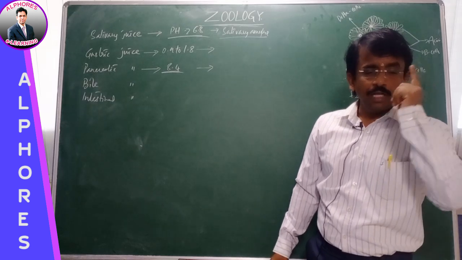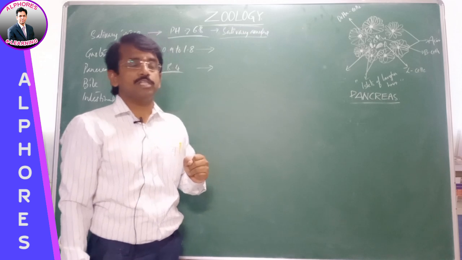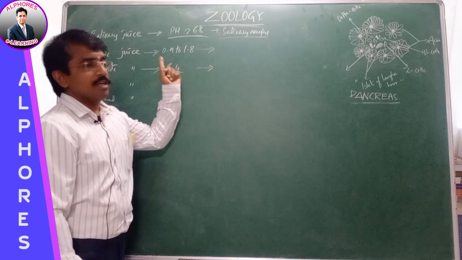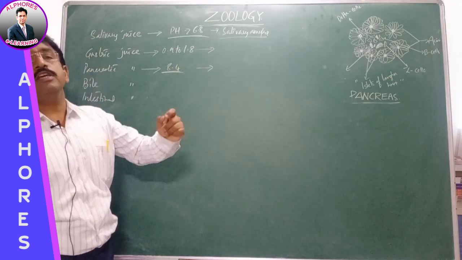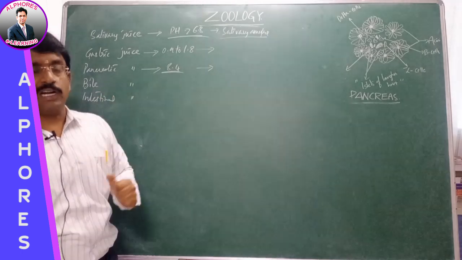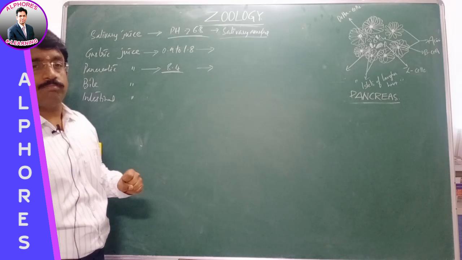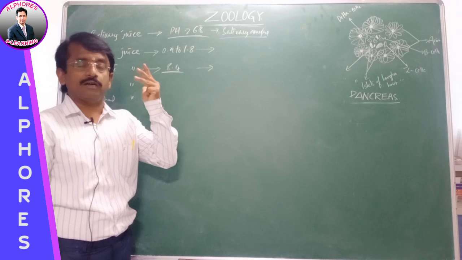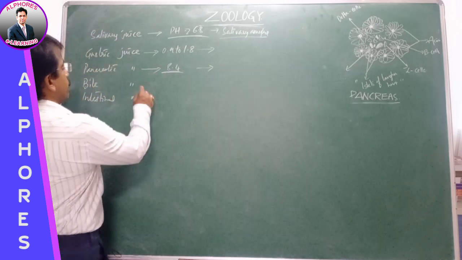It also has lipase, the pancreatic lipase steapsin, and nucleases, DNase and RNase, as well as carbohydrate digesting enzymes. So these are protein, carbohydrate, fat, and nucleic acid digesting enzymes.